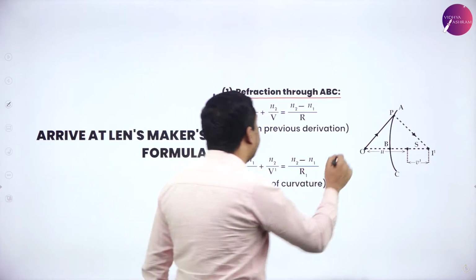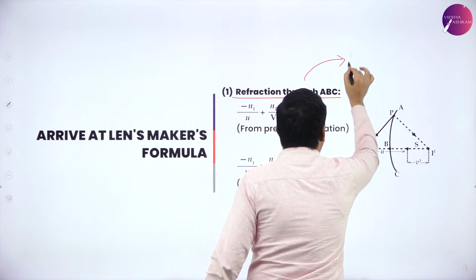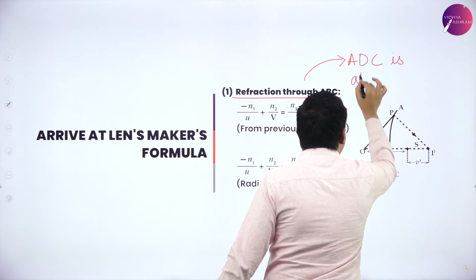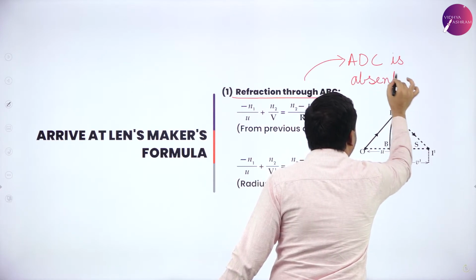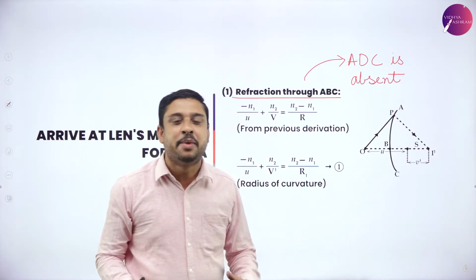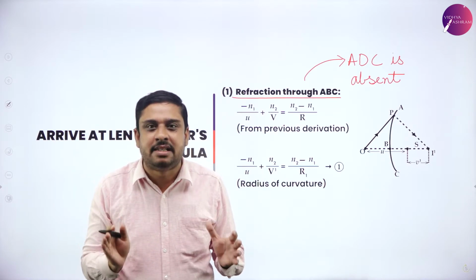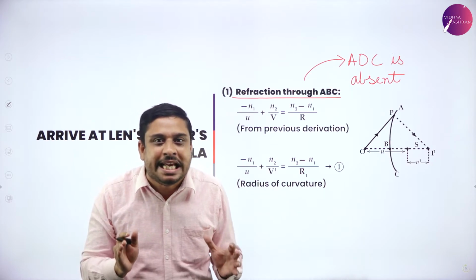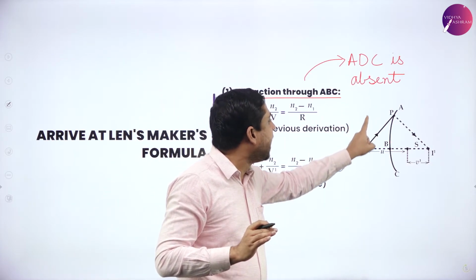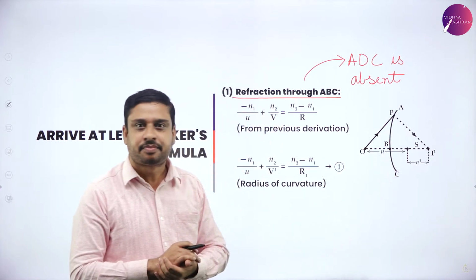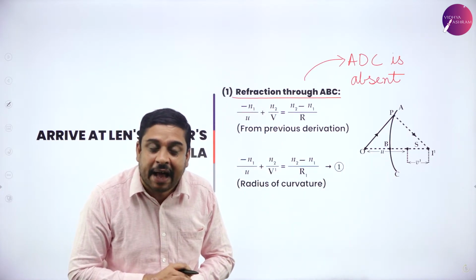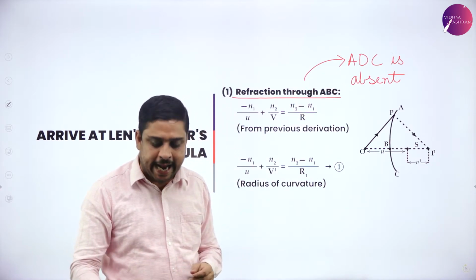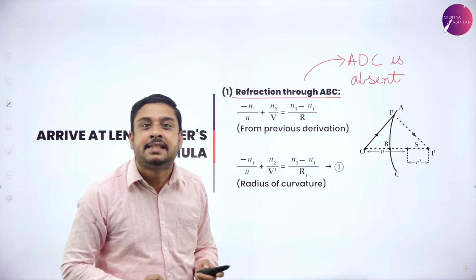Or the other way to understand it is that the surface ADC is absent. Very beautiful. I am considering refraction only through the surface ABC, which means the second surface ADC is absent.